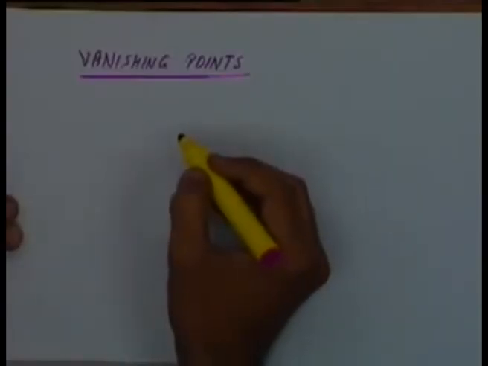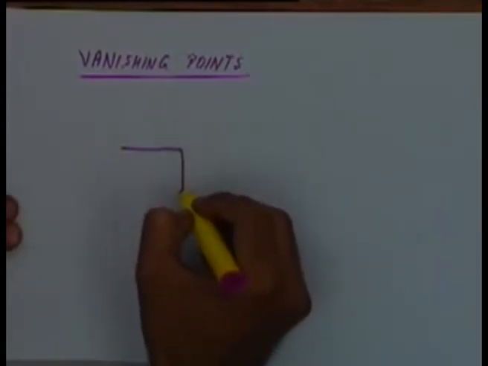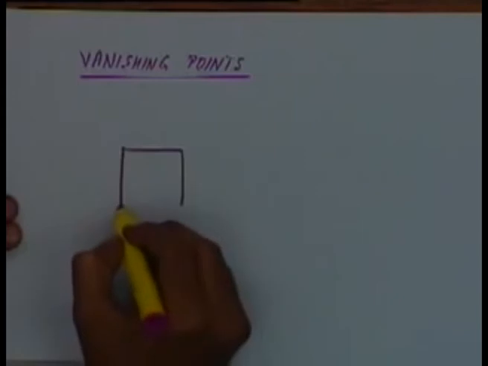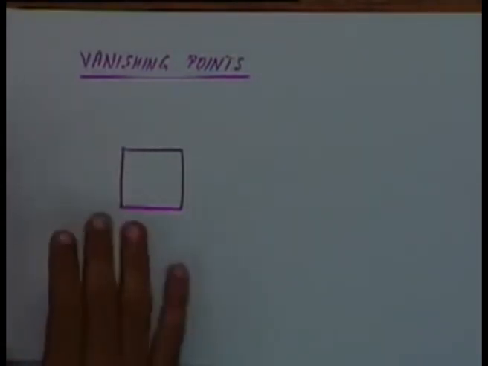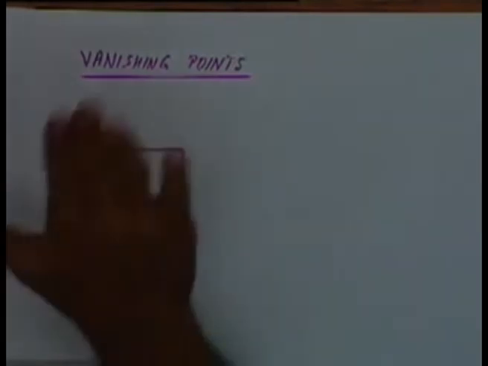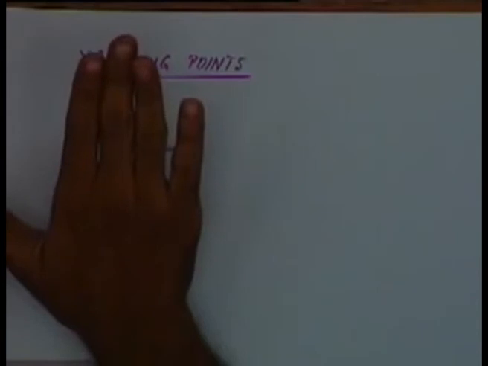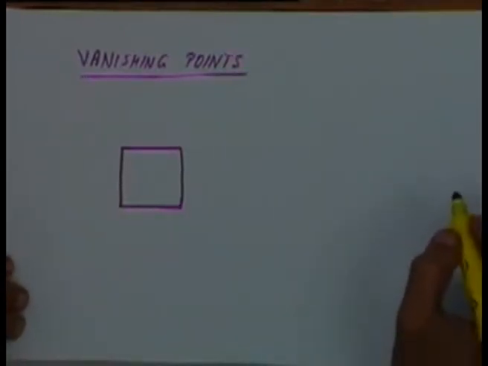See, vanishing points: if you have a set of parallel lines, let's say if I want to draw a cube, in this case I am taking the projecting plane to be parallel to the front face of the cube. If you remember, in one of the earlier classes I had given an example of the railway track.